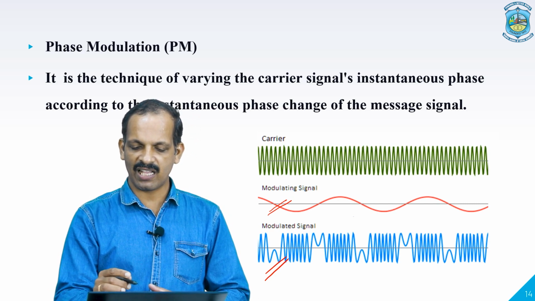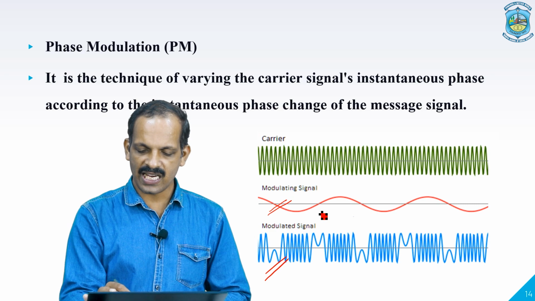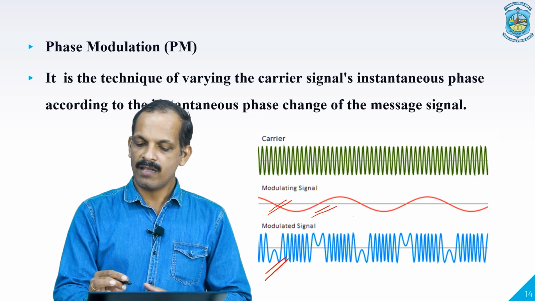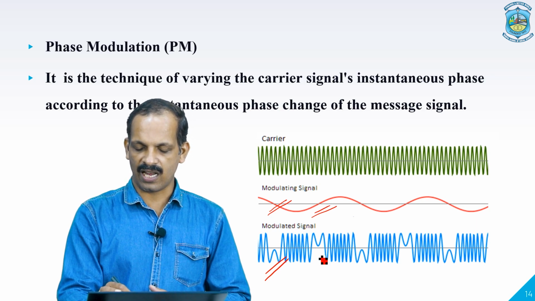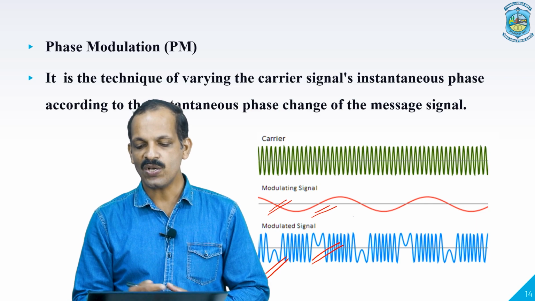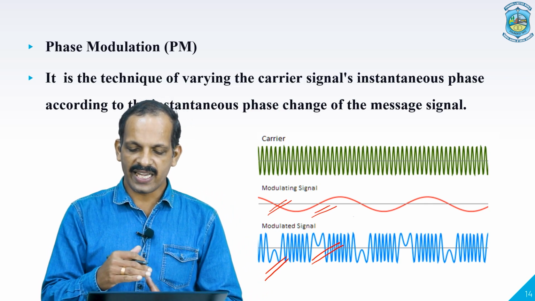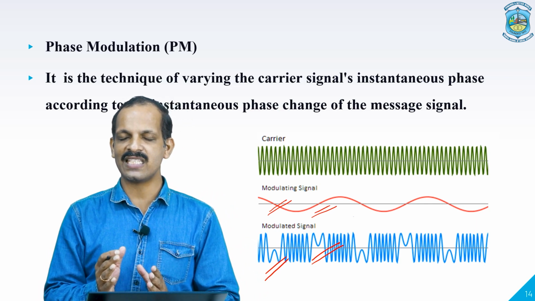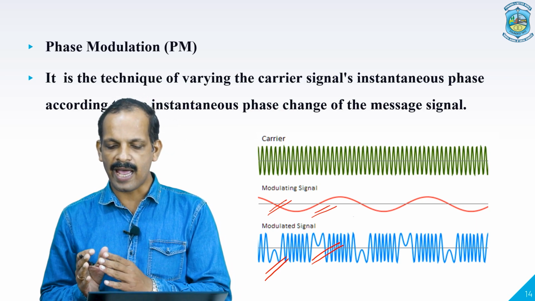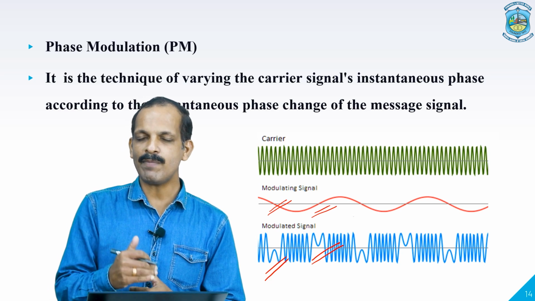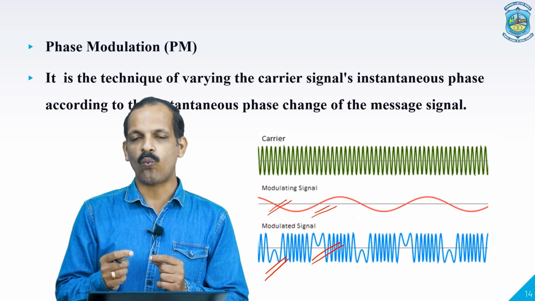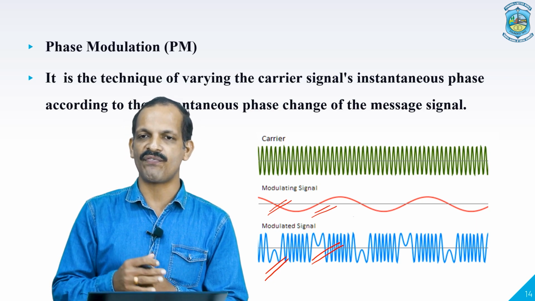In the same way, when the information signal changes from negative to positive, again in the resultant signal there is a phase change by adding 180 degrees. So whenever the information signal changes from negative to positive or positive to negative, at the same time in the carrier signal they add 180 degrees and change its phase.